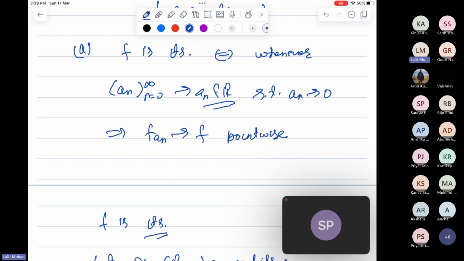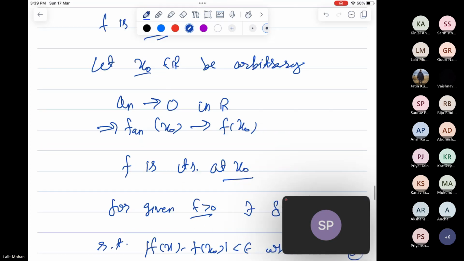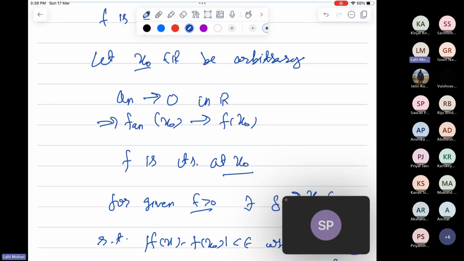This part means whenever a_n tends to 0, we have to show that f_{a_n} tends to f pointwise. Pointwise means we have to show it for each x belonging to R. So I will show it for an arbitrary point of R, then it means this is true for all points of R. So it is given, assume that a_n tends to 0 in R. Okay, sorry, this is a mistake.